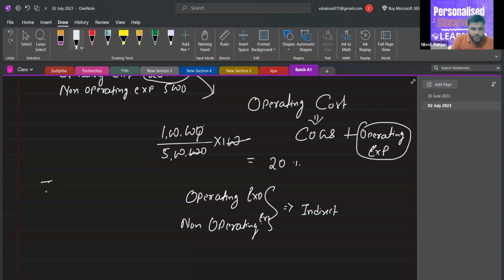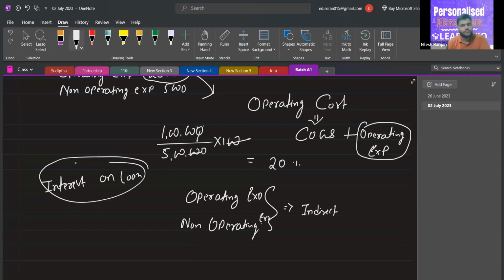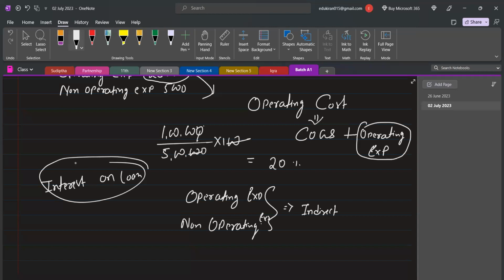Like if you take interest on loan, this is non-operating. Can you tell me why? Or should I explain? Okay.